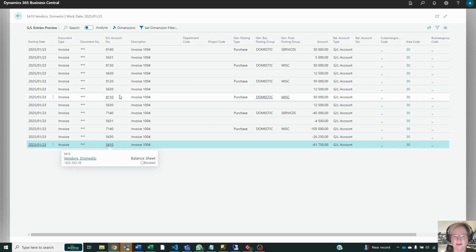In between I've got VAT accounts, I have got a discount amount, here I've got another discount amount. So it has taken my one line on the invoice that I have captured, and it has split it and allocated the costs to the individual accounts flowing out of my allocation accounts. Straightforward. This is just the preview, of course.